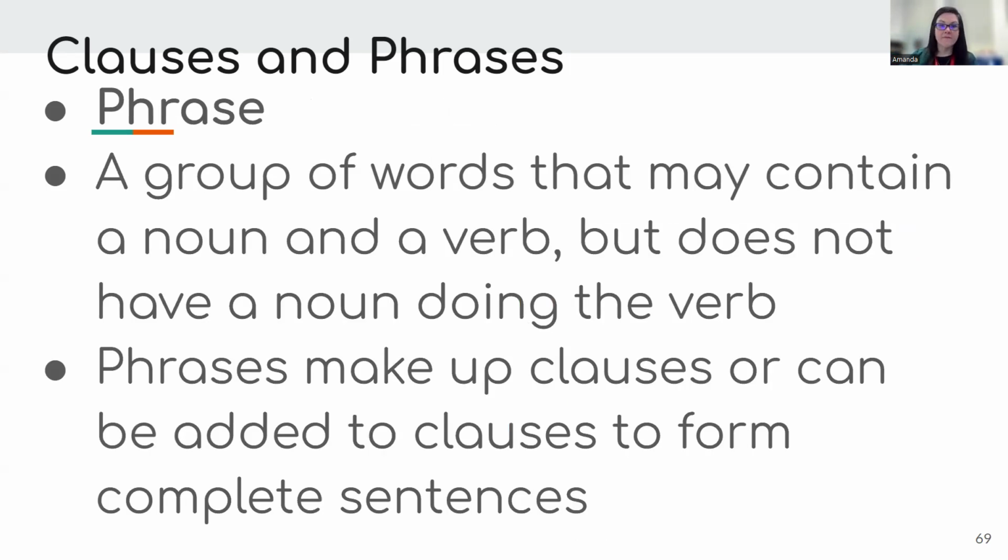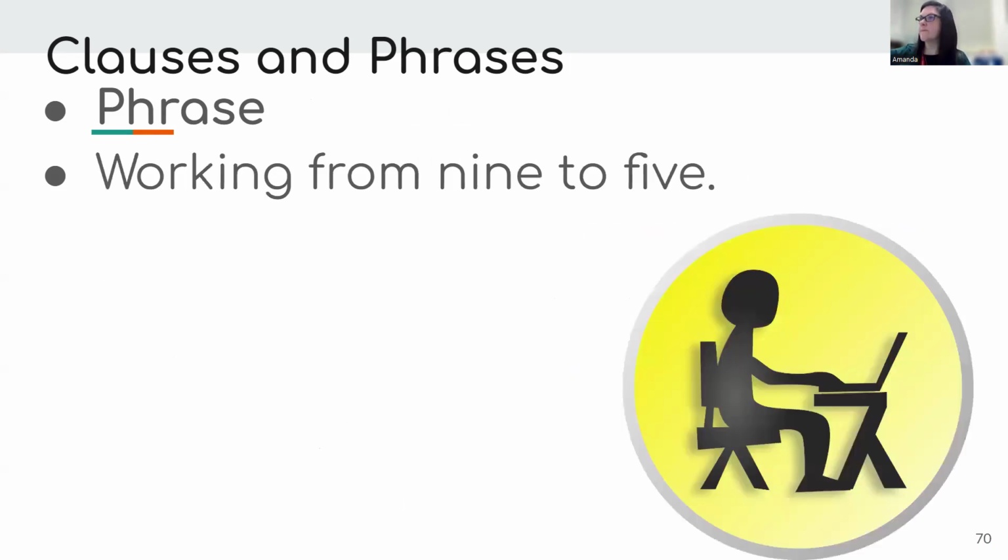We also have what's called a phrase. This is a group of words that may contain a noun and a verb, but does not have the noun doing the verb. Phrases make up clauses or can be added to clauses to form complete sentences. So let's look.